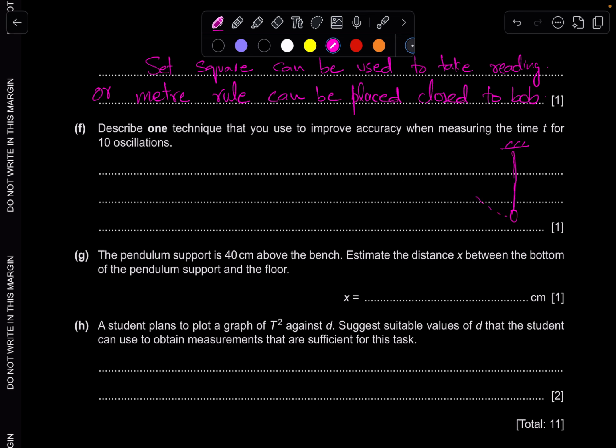It's going to move to this point, then it's going to move to this point, right? So you can use a clearly visible point from where you can start counting. It can be this point, it can be this point. Okay, so you can say: use a fiducial point to start counting.